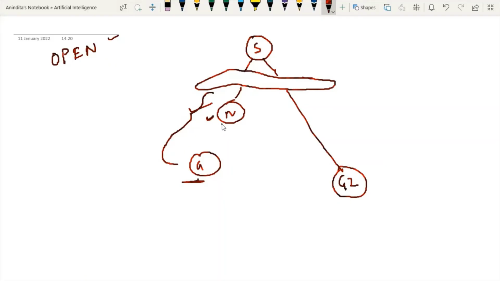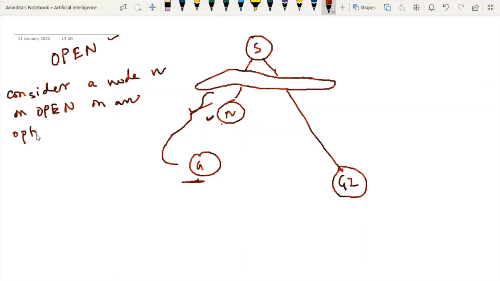Here this is the position of N. So what we are considering is a node N on the open list on an optimal path to G. So this is the position.